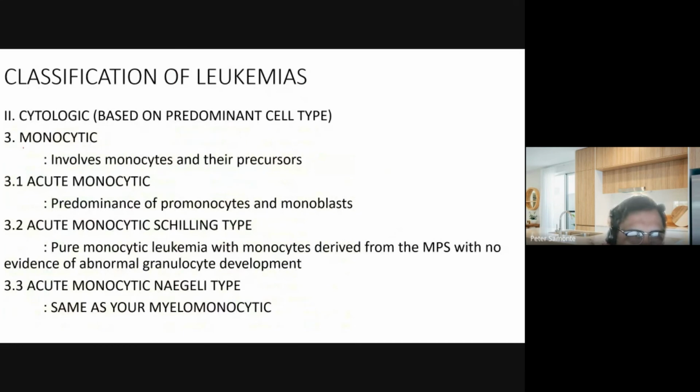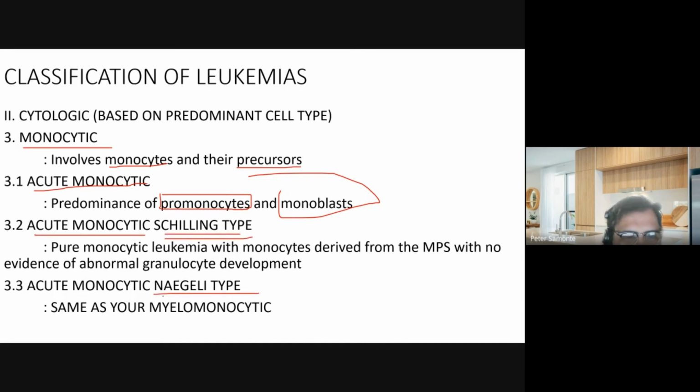Let's now proceed to the monocytic series naman. So after your granulocytic, your lymphocytic, we have now your monocytic. It involves monocyte and their precursors. The first one would be your acute monocytic. In acute monocytic class, madami kayong pro-monocytes and monoblasts. You have two types of acute monocytic, the Schilling type and the Naegeli type.